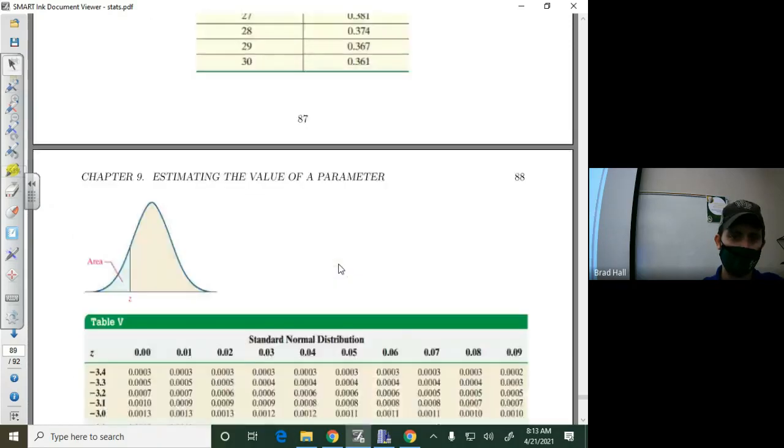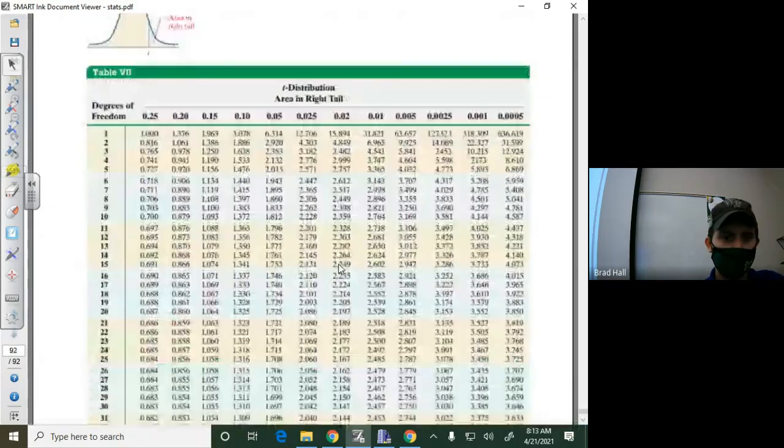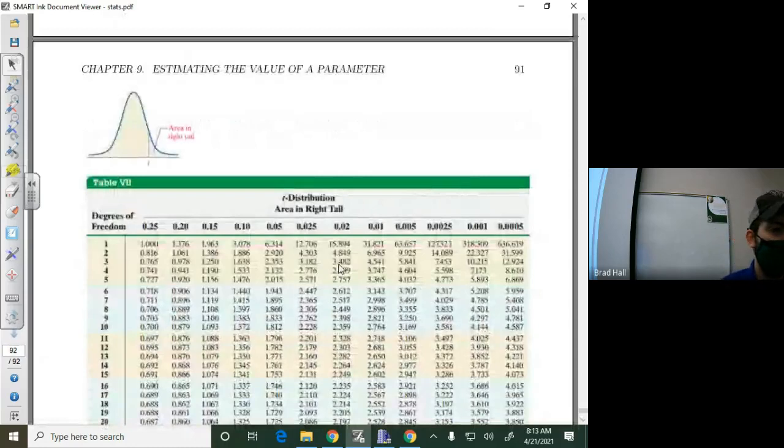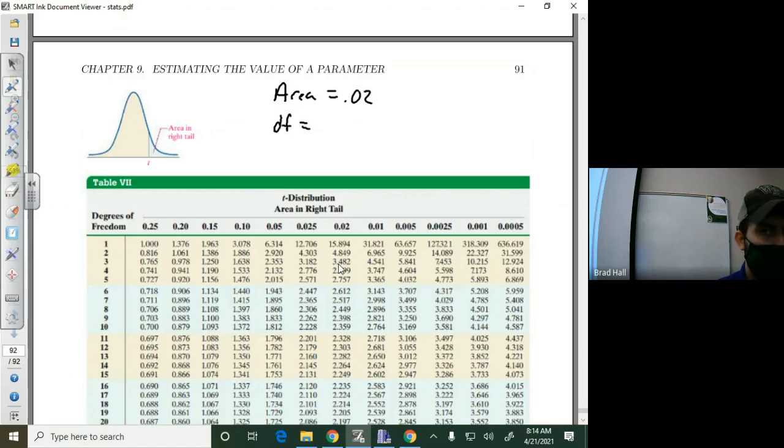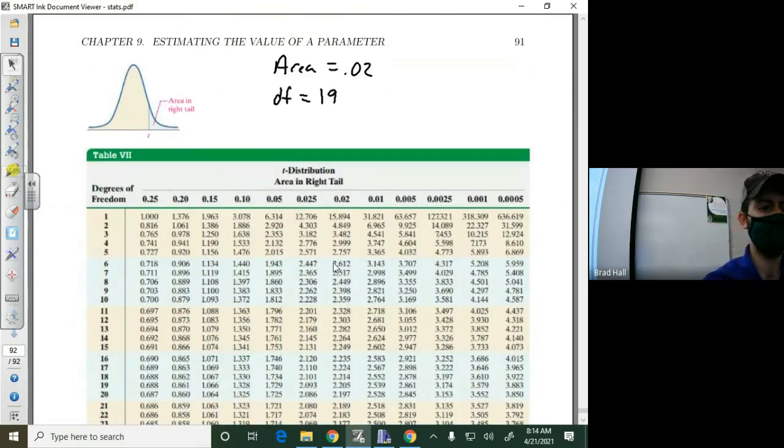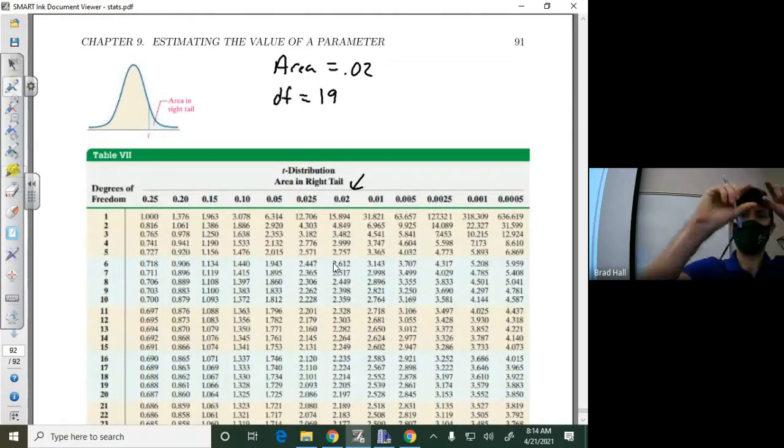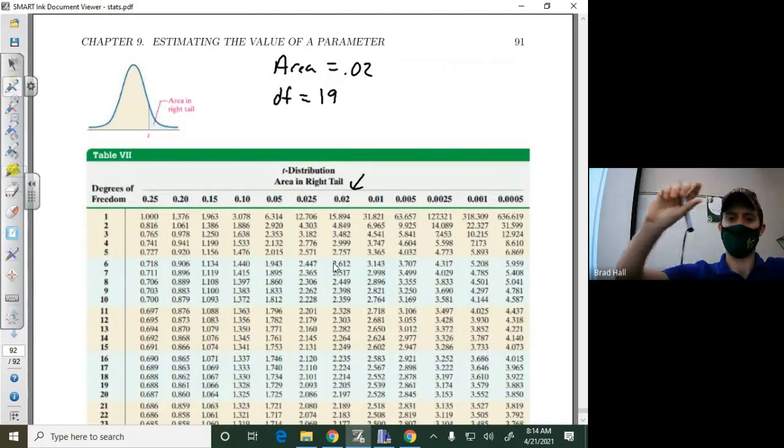We go down to the table. Again, this is the t distribution table. It's a new table I've put in the notes. So the area is 0.02 and degrees of freedom is 19. The way we need to read this, the areas are on the top row.